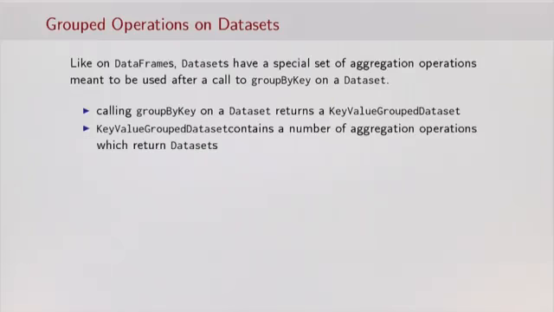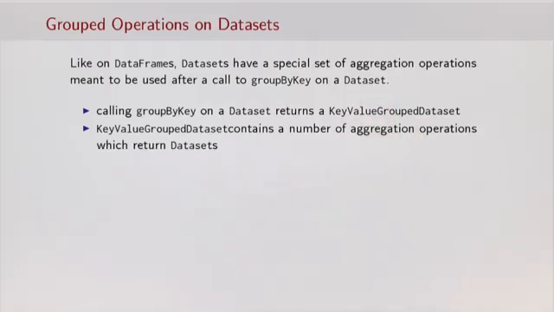So let's look at grouping operations on datasets now. If you remember in the last session on DataFrames, we also had this weird two-step process. We had a special set of aggregation operations that were meant to be used after we called, in the case of DataFrames, just regular groupBy, not groupByKey. But on datasets, if you call groupByKey, again, we have a special type full of aggregation operations that can be used on the result of the groupByKey that was called on the dataset.